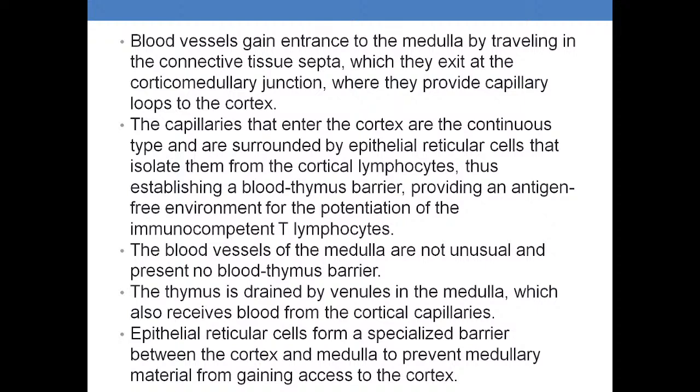The capillaries that enter the cortex are the continuous type and are surrounded by epithelial reticular cells that isolate them from the cortical lymphocytes, thus establishing a blood-thymus barrier, providing an antigen-free environment for the potentiation of the immunocompetent T lymphocytes. The blood vessels in the medulla are not unusual and present no blood-thymus barrier.